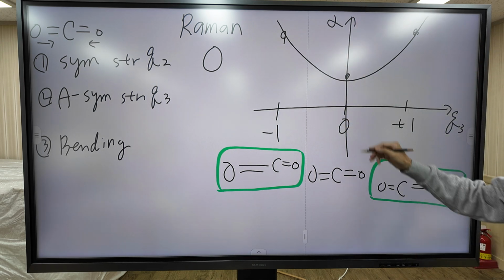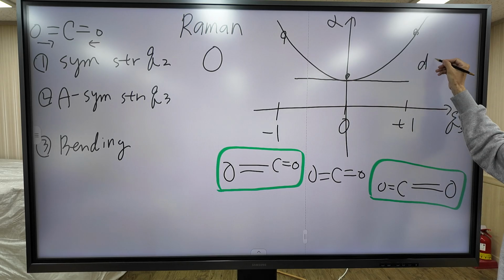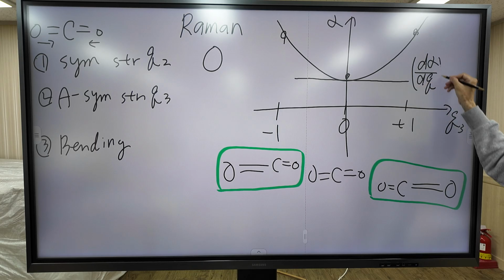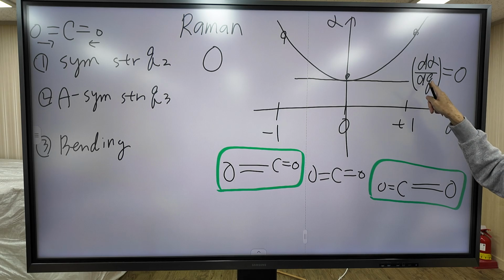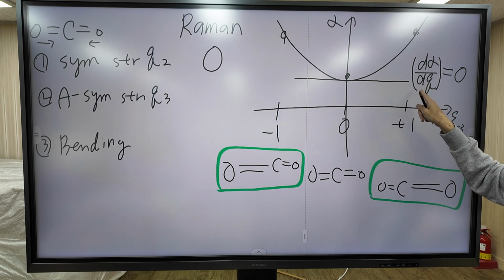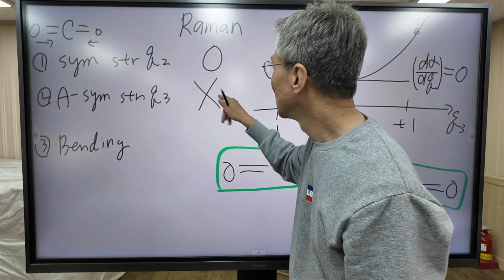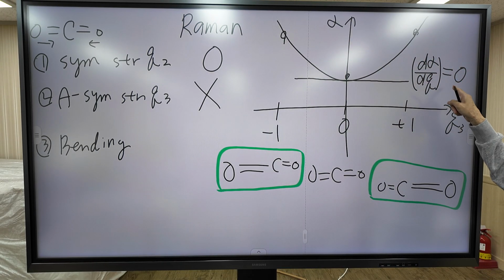So when you draw the slope, the derivative, in this case it is equal to 0, right? So this one does not satisfy the Raman selection rule. This mode does not show in the Raman spectrum because the derivative is 0.